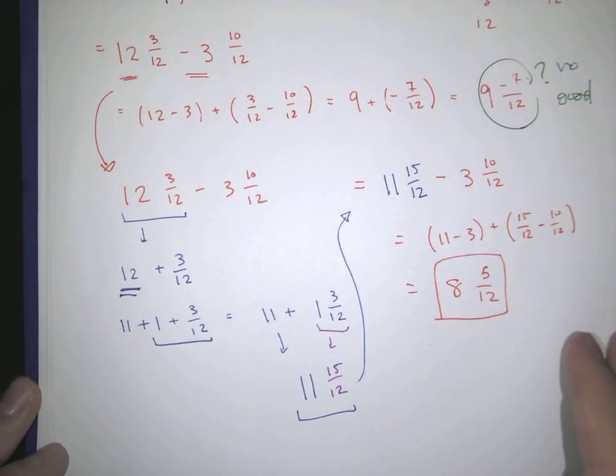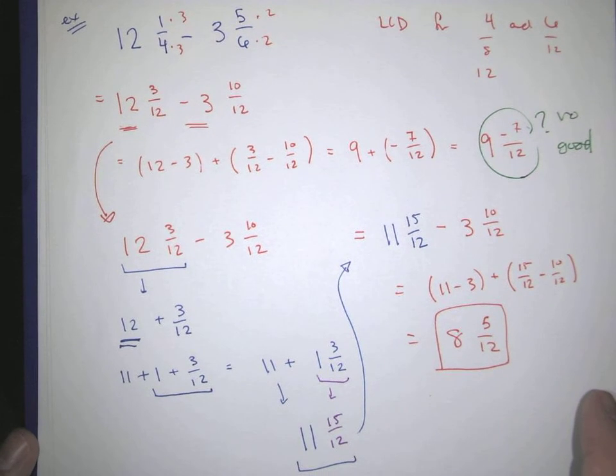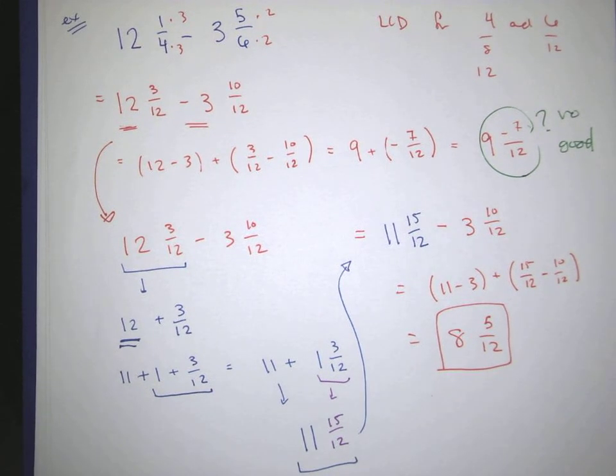So that's what you would do to do borrowing. It's not something you need to do every single time in these problems, but it's a thing that can happen. And that's how you do it. Again, in theory, you can always revert and do these as improper fractions, convert them into impropers, and then just work with the big numbers.